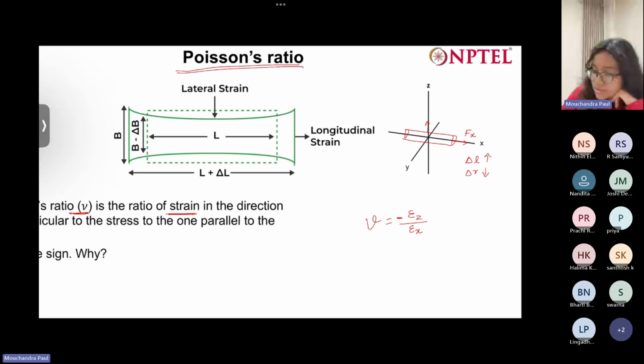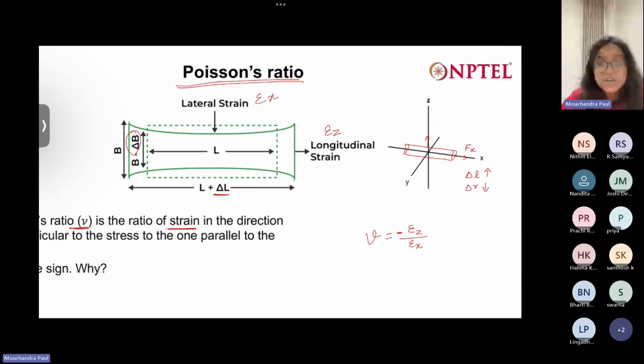Epsilon x is the longitudinal strain, where the length is increasing, whereas under this force the diameter or radius of the material is simultaneously decreasing, and epsilon z is called the lateral strain. So you have understood how Poisson's ratio is defined. If not, let me show you once again.